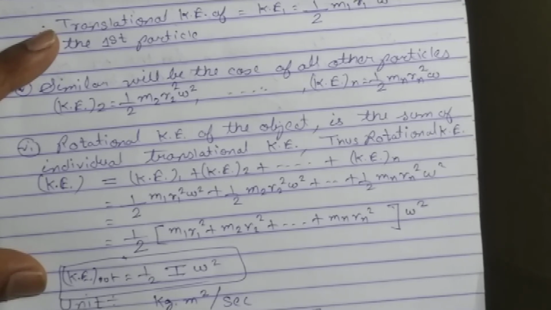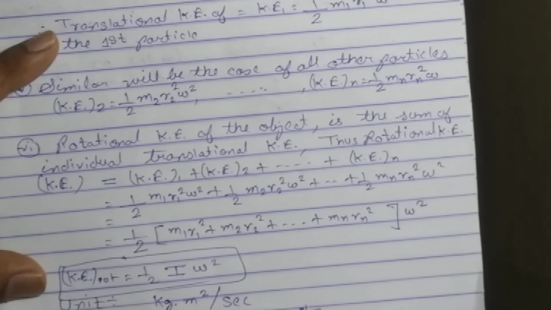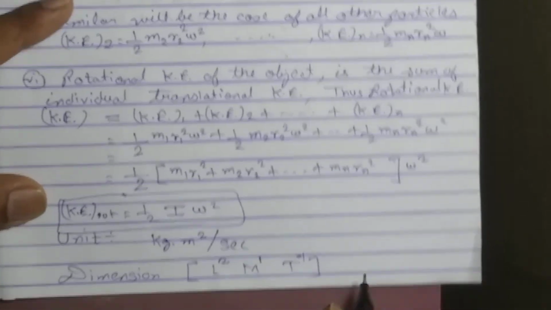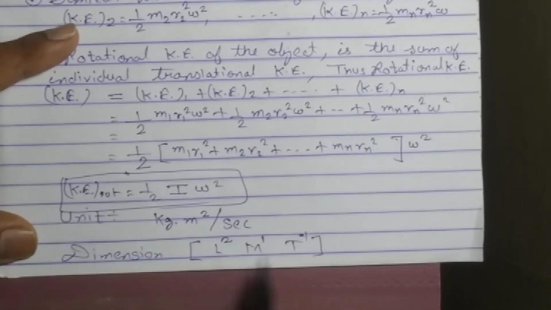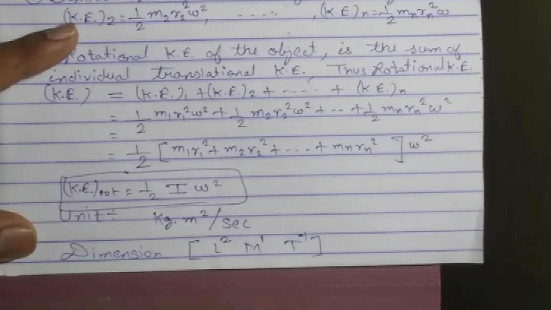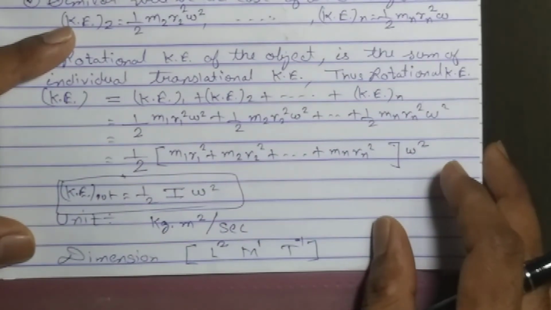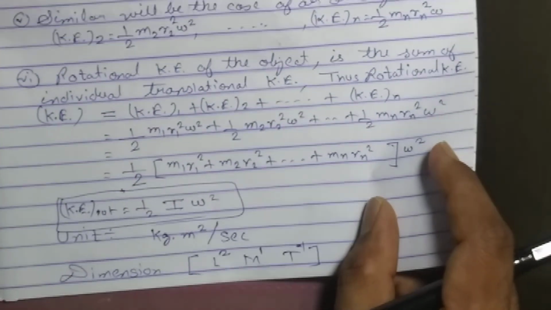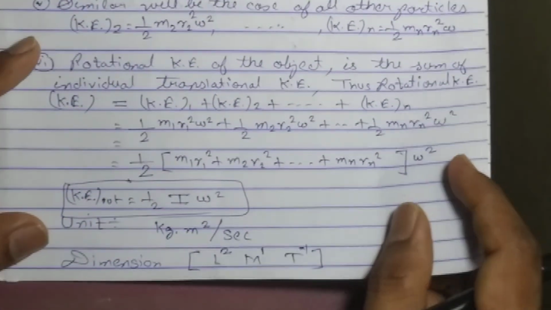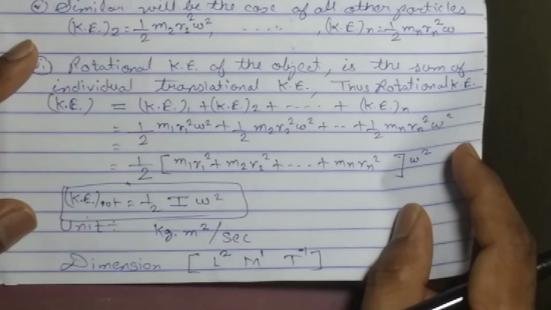Meter square means L square. Mass is 1 and T is there, but in the denominator, since second comes in the numerator. This is the derivation for rotational kinetic energy. Students, now we are going to find out the moment of inertia of a ring.